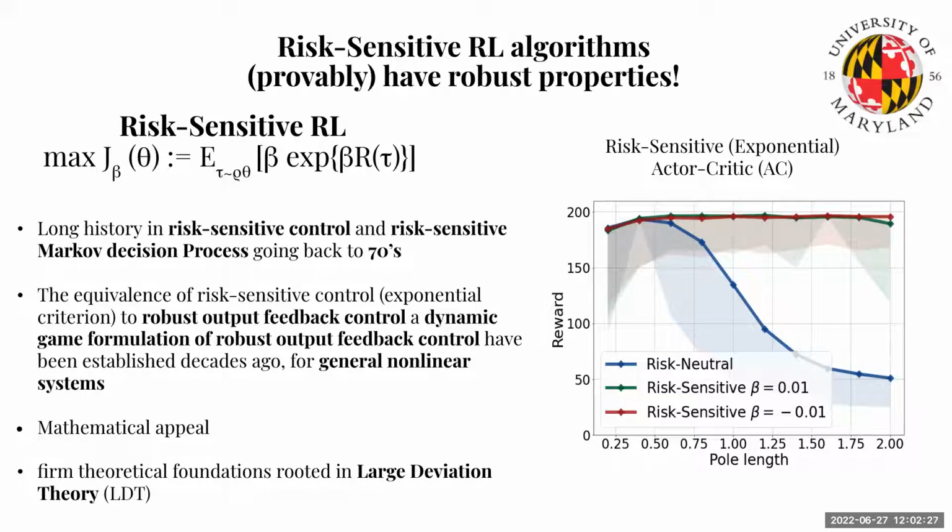Let's say positive is risk averse and negative is risk seeking. Then, depending on your risk attitude, you're optimizing either the right tail or the left tail of your distribution. I hope that answered your question.